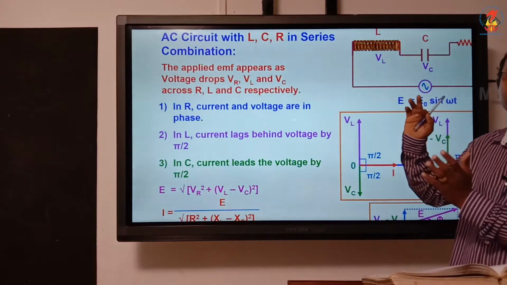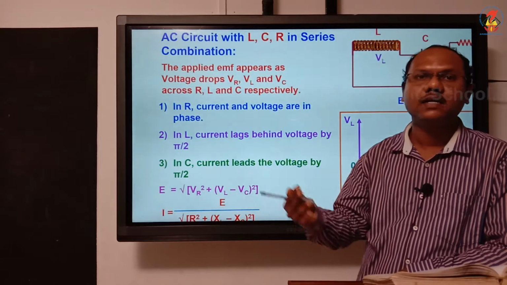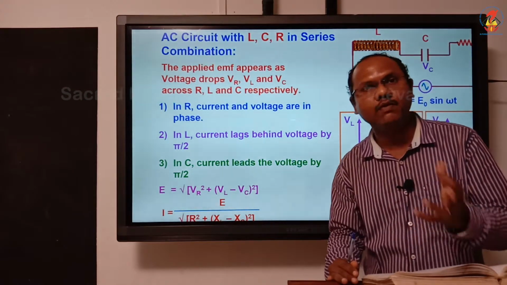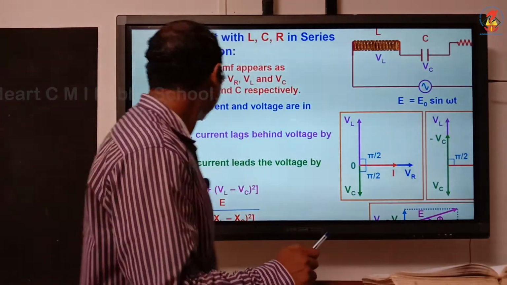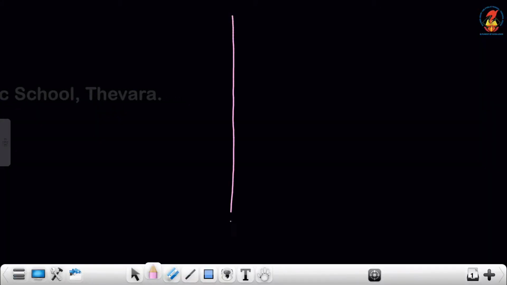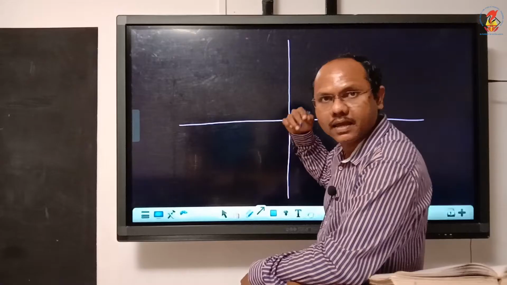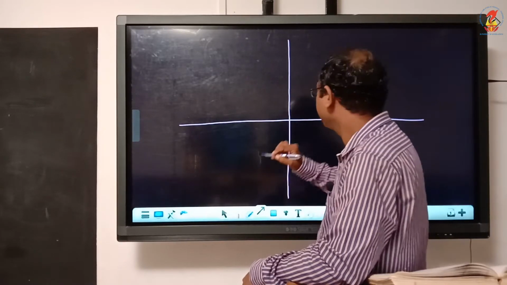So I take these 3 points into consideration and then I will draw the phasor diagram. Using phasor diagram, we will derive the expressions. Okay. So let us see how to draw the phasor. I first draw the x-axis and y-axis, and in resistor current and voltage are in the same phase.